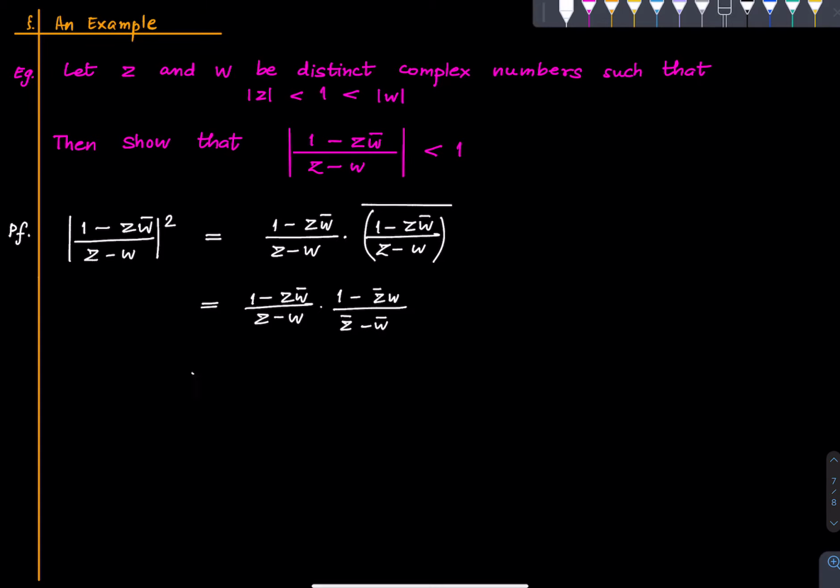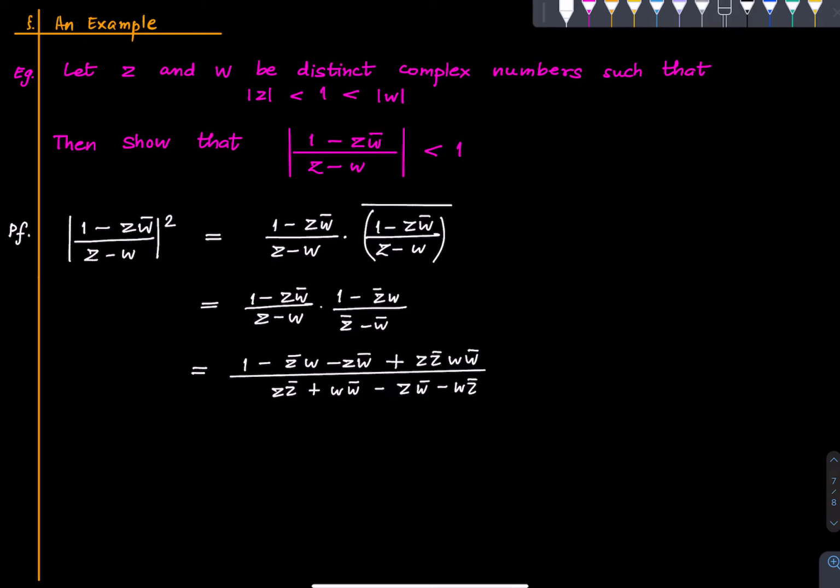And let's just mindlessly expand. So we get 1 minus z bar w minus z w bar plus z z bar w w bar, divided by z z bar plus w w bar minus z w bar minus w z bar.